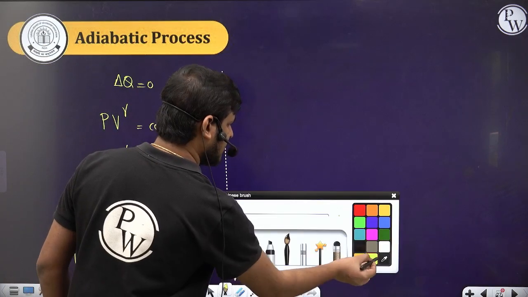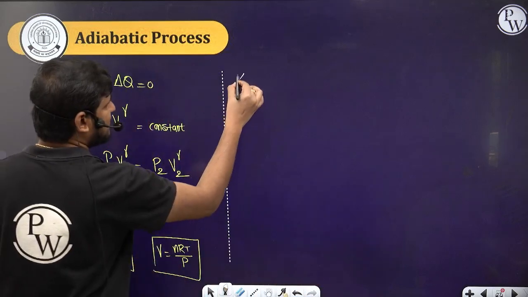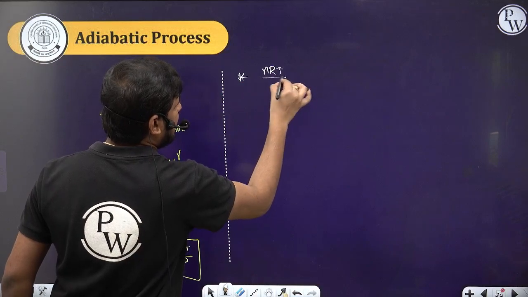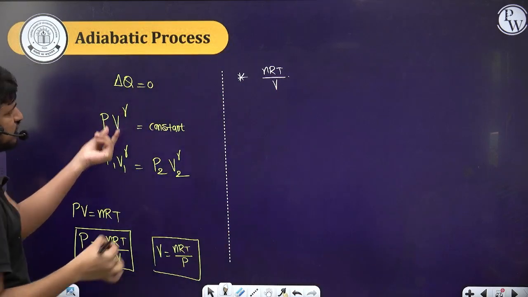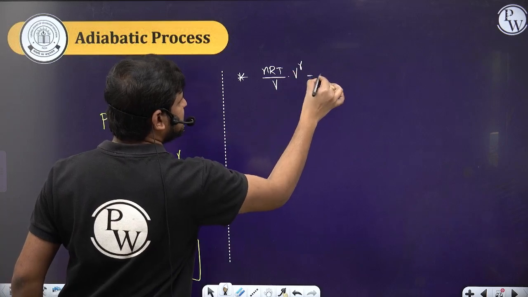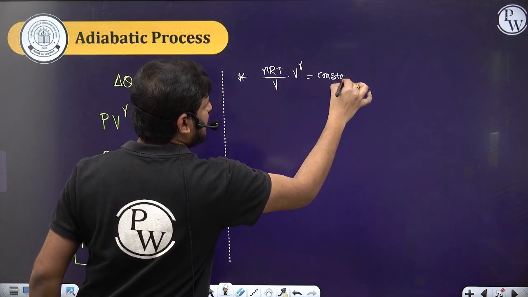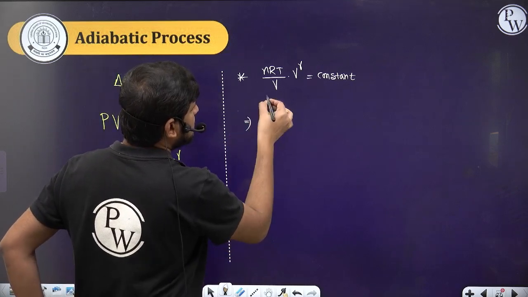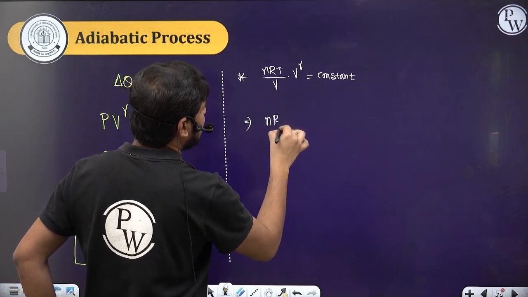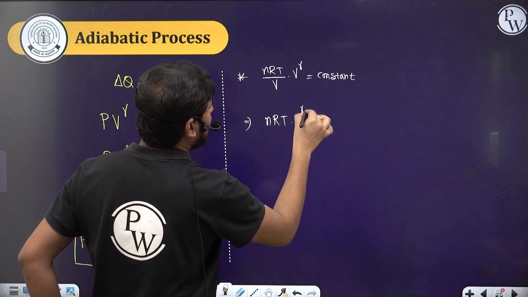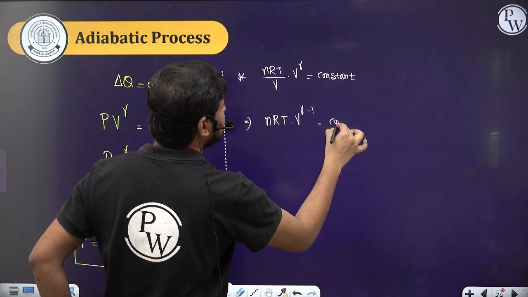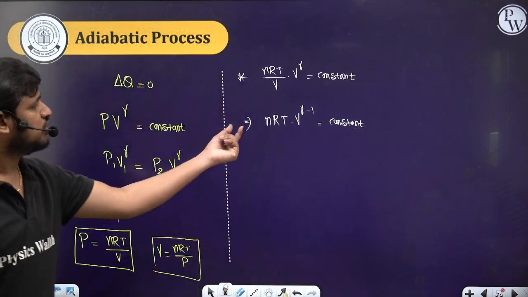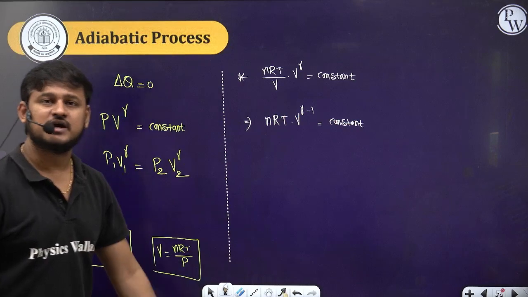In place of P, we write nRT by V into V to the power gamma, which equals constant. So we get nRT V to the power gamma minus 1 equals constant. Understood this part?